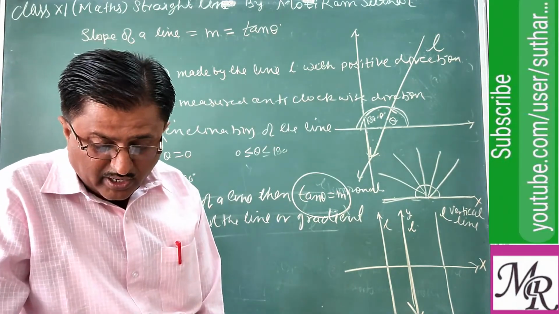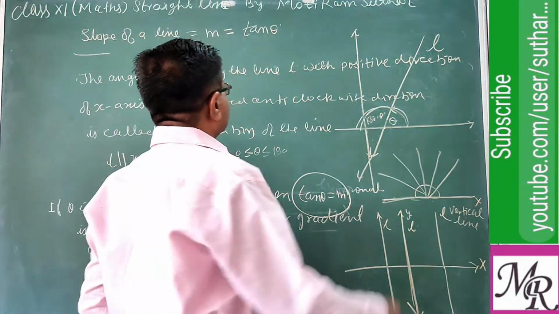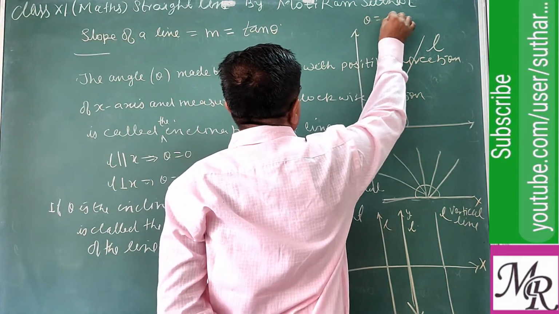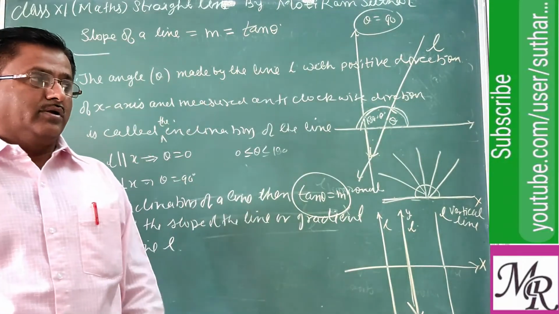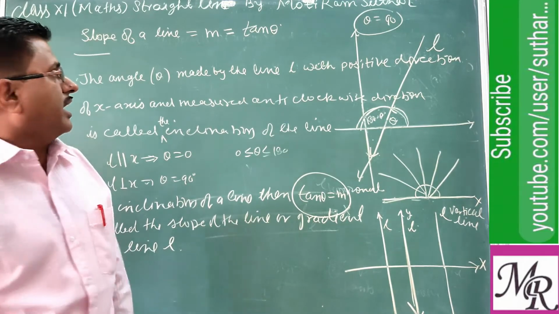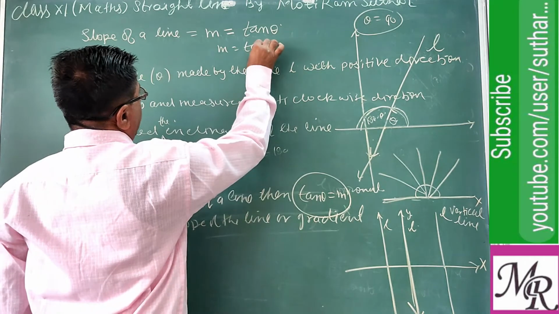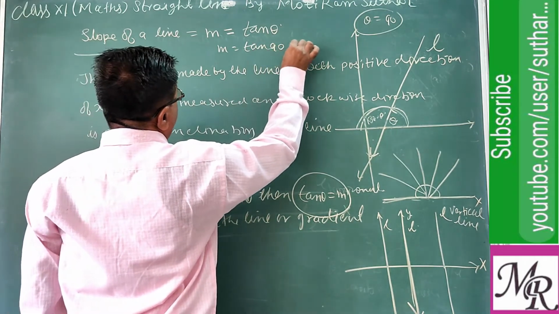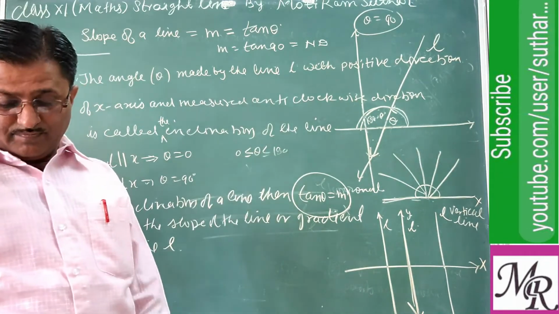Now suppose you are taking the slope of a line whose inclination is 90 degrees. Theta equal to 90 degrees. Then what is the slope of this line? Put the value here: tan 90. And you know that tan 90 is not defined.